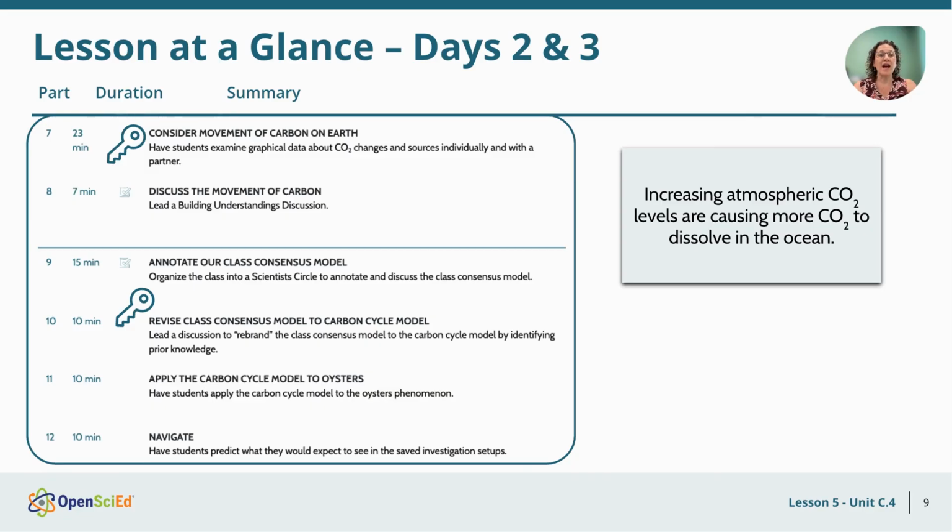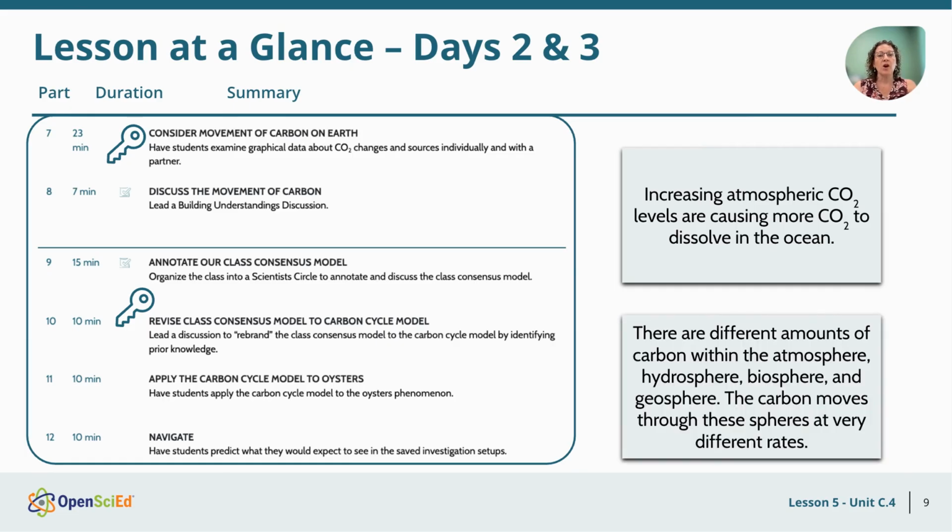We figure out that atmospheric carbon dioxide has recently begun to dissolve into the ocean increasingly more due to the buildup of atmospheric carbon dioxide caused by human activity. We also figure out that there are different amounts of carbon within the atmosphere, hydrosphere, biosphere, and geosphere. The carbon moves through these spheres at very different rates.